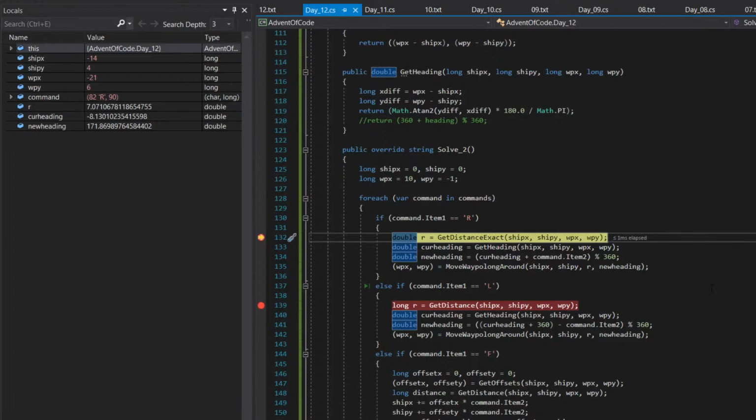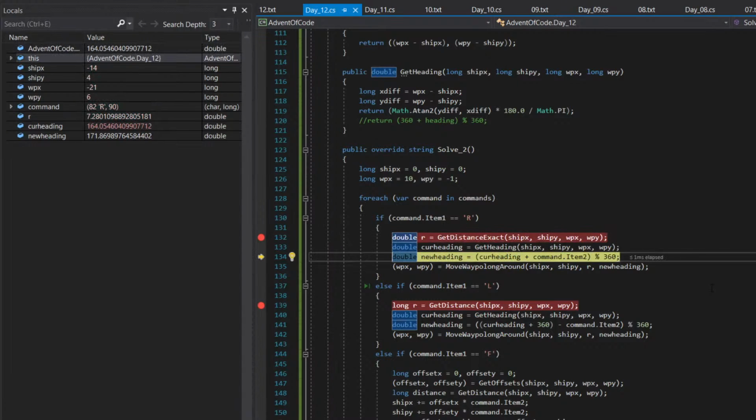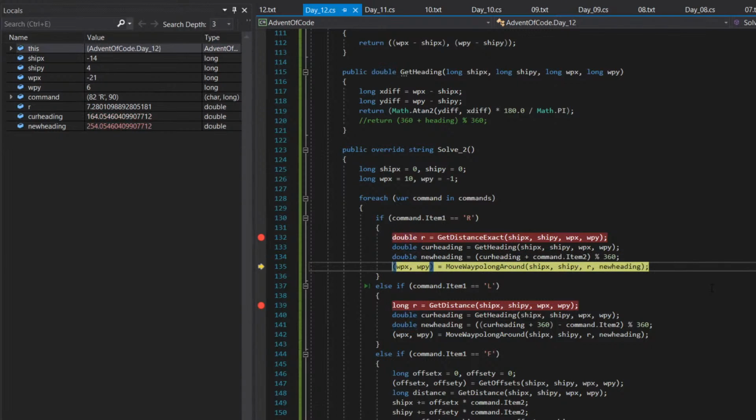Right 90. Where are we? We are to the left and below. So we are almost, what, 180 degrees? Right, 160. The new one is 250.